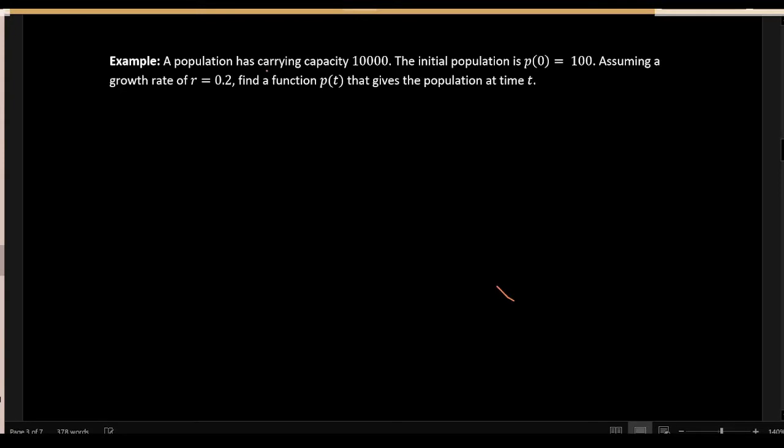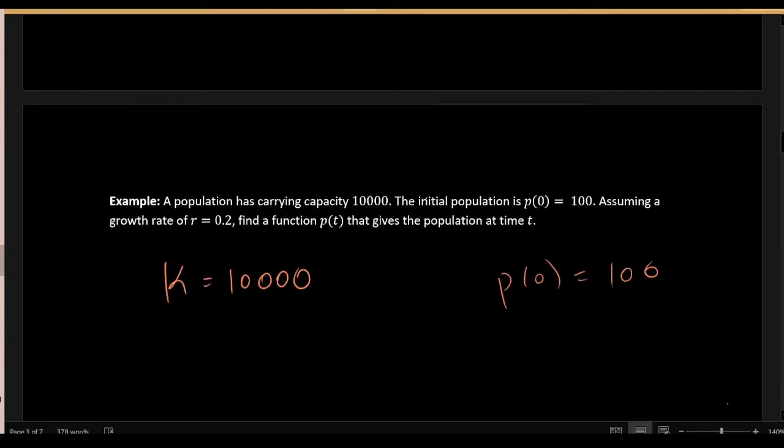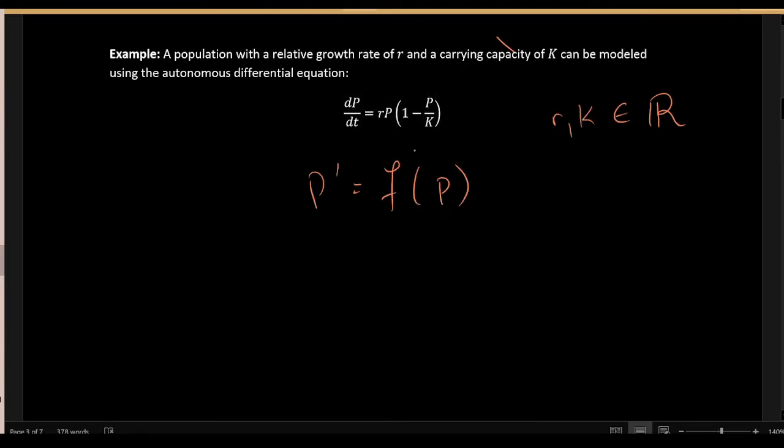The population has a carrying capacity of 10,000 members. The carrying capacity is denoted by K, traditionally speaking, so I'm going to make a note that K is 10,000 in this problem. Now, when no time has passed, we're told that the population at that time is 100 members. Now, in the logistic differential equation for population growth, there's this constant multiple here called r, which represents how fast the population is growing.